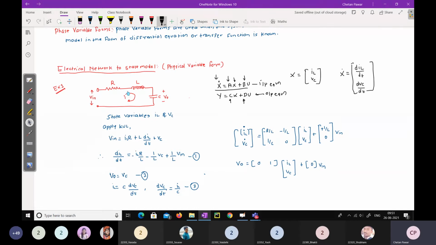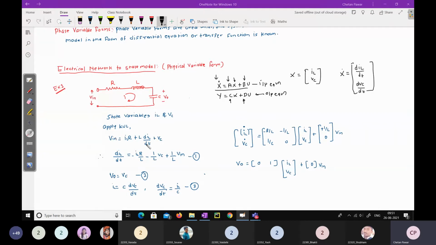So here you can see we have applied the KVL. So what will be the KVL? Vin is equal to IL into R plus L into dIL by dt plus Vc. So this will be the input voltage, right?